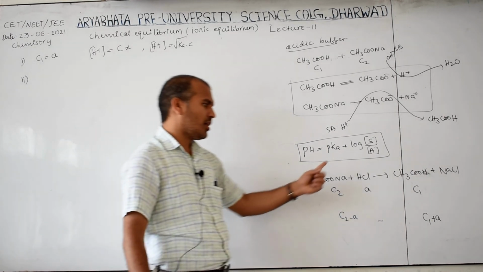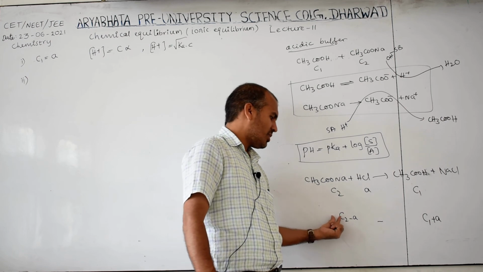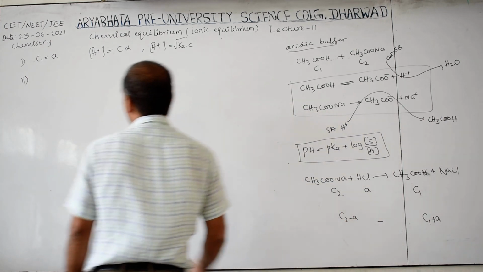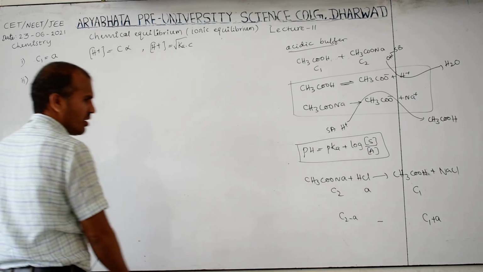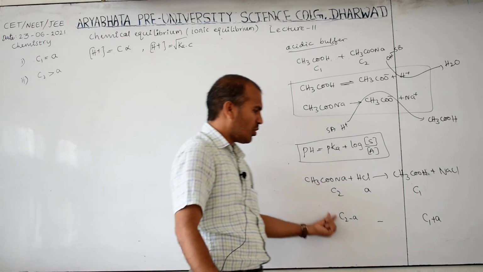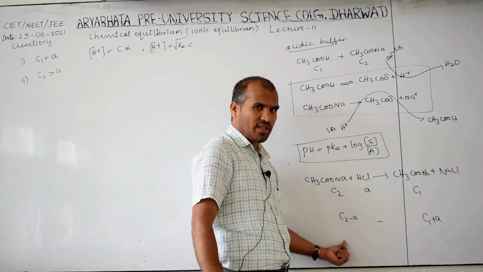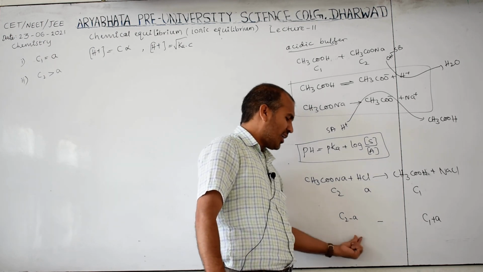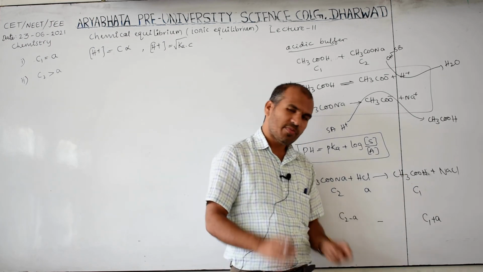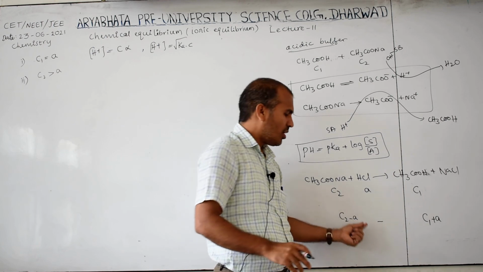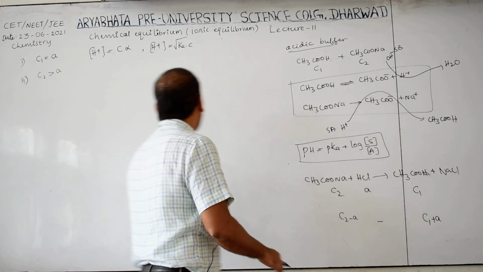This is completely reacted, but the other is not complete, meaning C2 is greater than A. Therefore, if it is 2 moles and this is 1 mole, then 1 mole is completed and 1 mole is left. So 2 minus 1 is 1, like this it is represented. Already C1 is present in the reaction vessel. Therefore, 1 mole extra will come, that is C1 plus A.